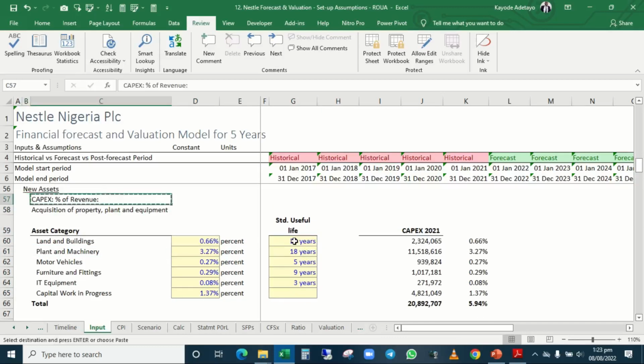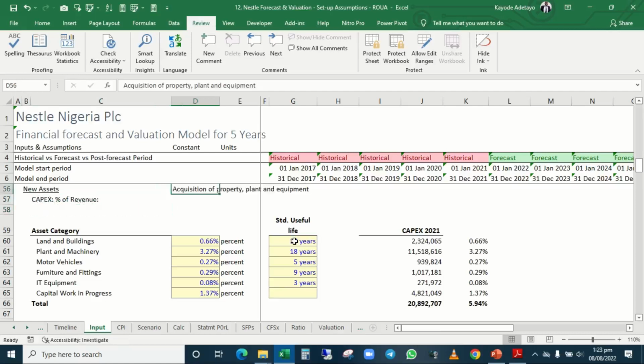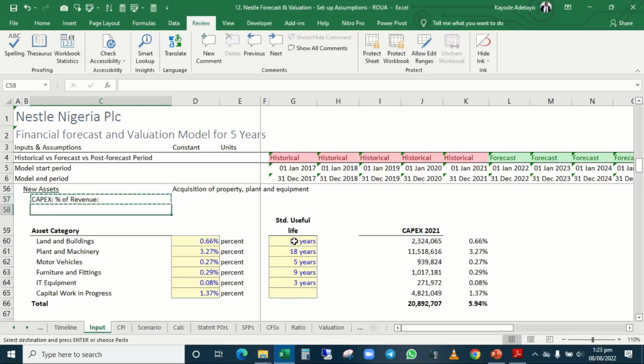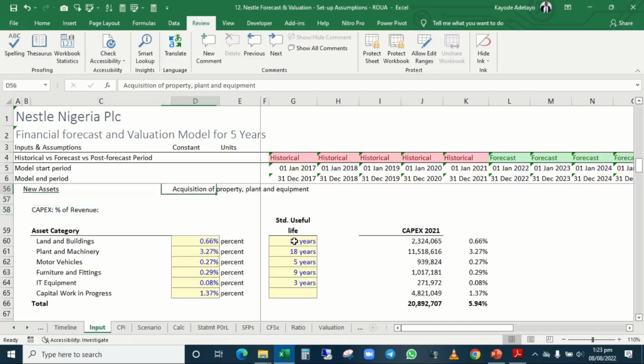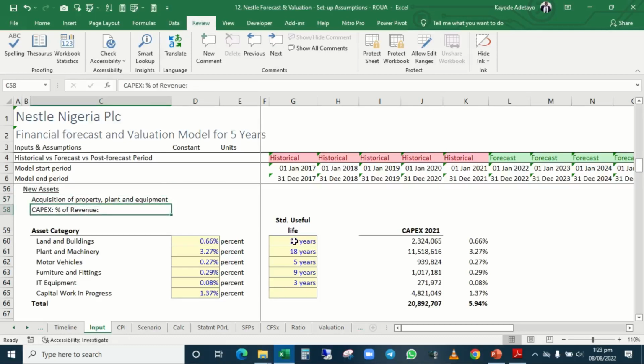Let me pick this and replace it with this. Cut this. Where can I paste this? Let me paste it here. Then take this, cut and paste down. Okay. So it's better this way.